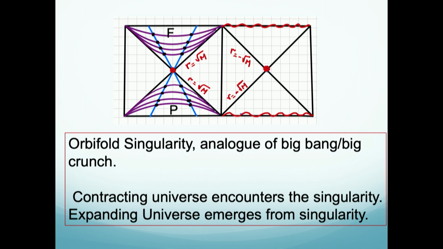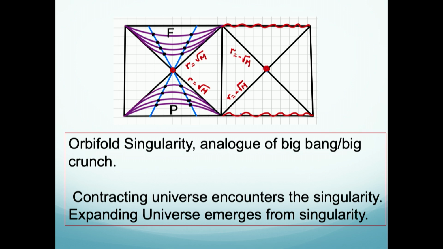I'll refer to this as a big bang, big crunch kind of space-time. When I give you explicit examples, they'll mostly refer to this branch. So you have a contracting universe, it hits the orbifold singularity, and then it goes into this expanding region.